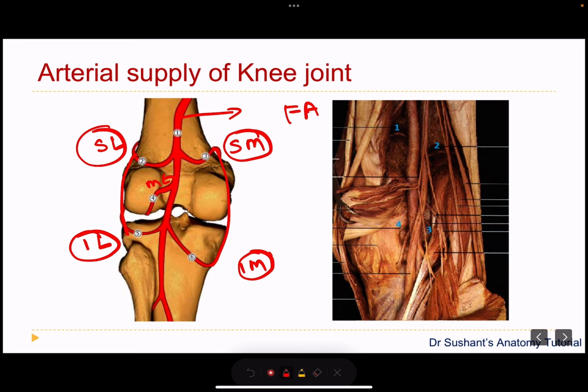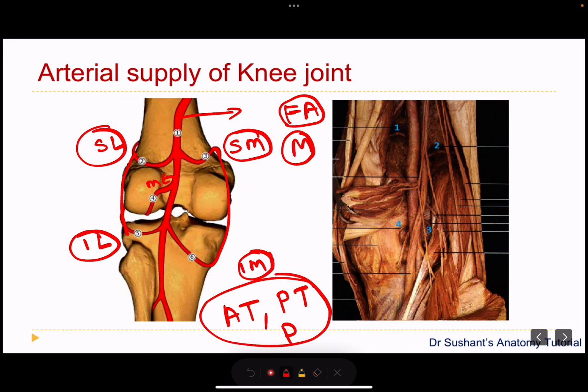From the femoral artery, we have the descending genicular artery and the saphenous branches along the medial side, and along the lateral side we have the branches from the lateral circumflex femoral artery, which is a branch of the profunda femoris artery. Inferiorly we have the recurrent branches coming from the anterior tibial, posterior tibial, and the peroneal arteries, the circumflex fibular arteries. So these arteries inferiorly anastomose.